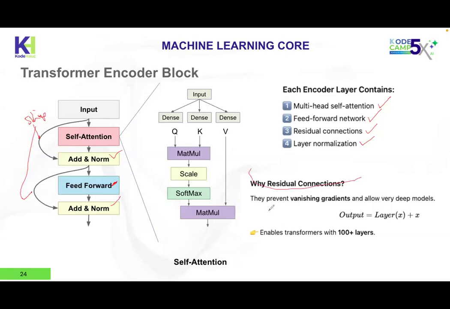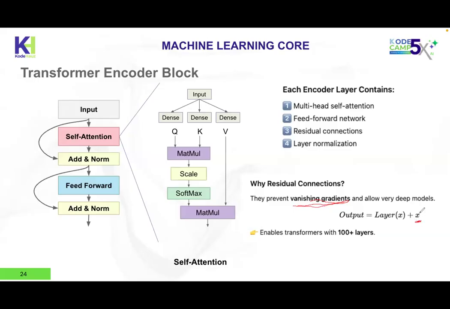I think I've explained it before. It's also to prevent vanishing gradients, the same way it was done for LSTMs. It prevents them by allowing a piece of the input to come back in and counter the gradients inside the self-attention or feed forward. So it allows very deep models. Think of it like when we're doing LSTMs, there's a little additive bit to it.